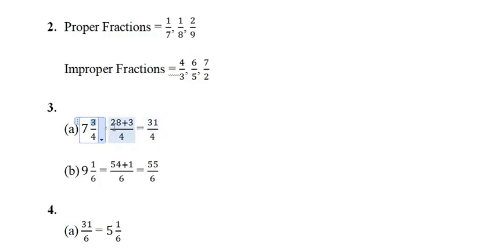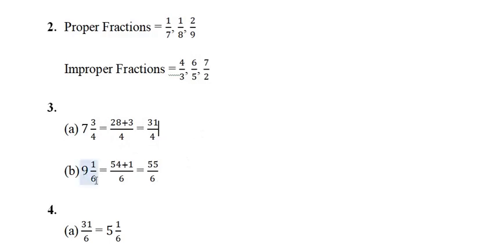So during the examination time you can skip this process. When you copy this solution, or when you solve this particular question in your fair copy, you can skip this portion, whatever is being highlighted out here. This portion is only to make you understand.